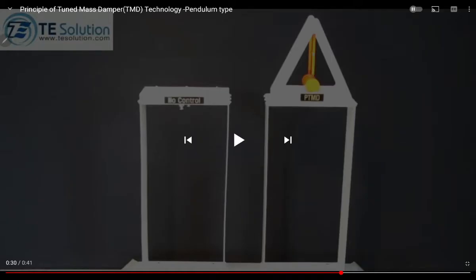So the concept of the building Taipei 101 maybe can also be demonstrated by this video.